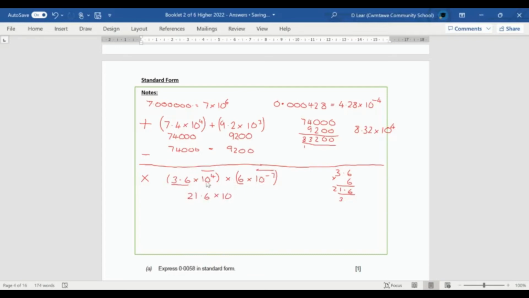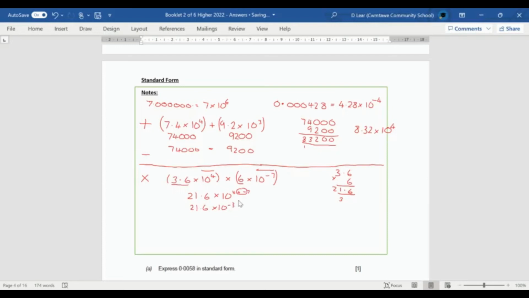When you multiply two numbers that are the same base, you can add the little numbers. So it's 4 add minus 7. Because we are adding a minus, one of each symbol next to each other, that means we're taking away. So it is literally 4 take away 7. So it's 21.6 times 10 to the power minus 3.